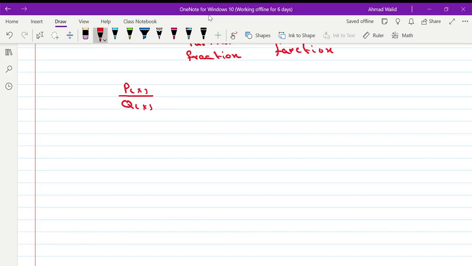P of x is a polynomial, q of x is another polynomial, but your q of x should not be 0 or cannot be 0. Any rational fraction that you see there is in the form of p of x over what? Q of x. A polynomial over a polynomial.